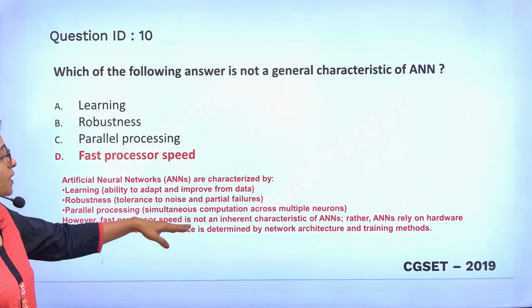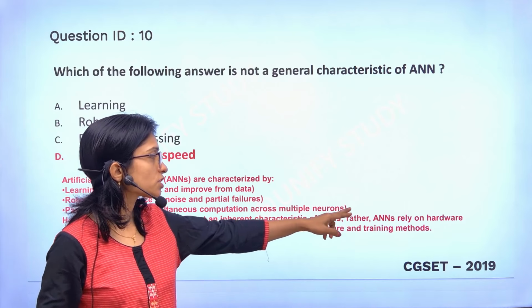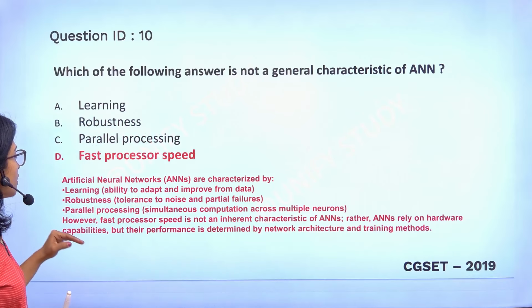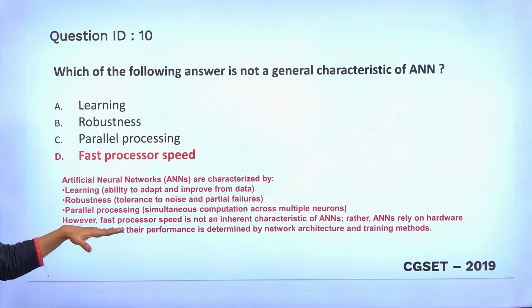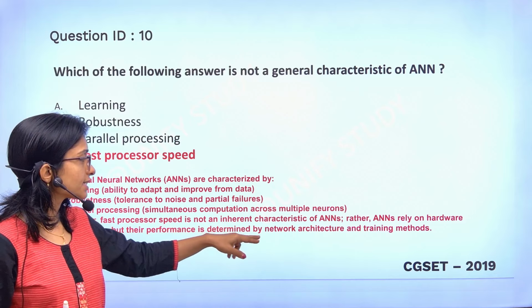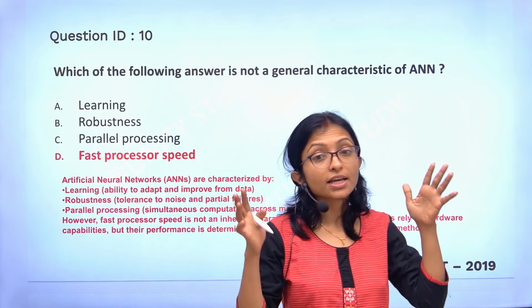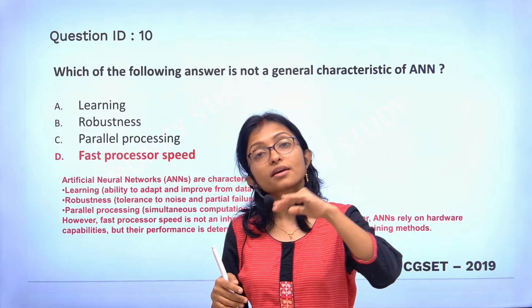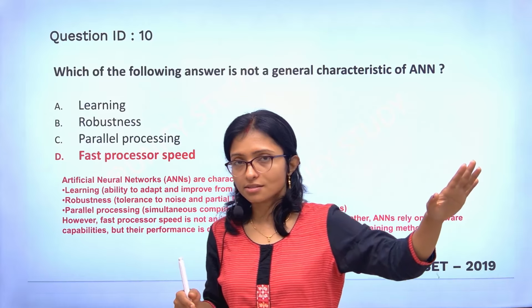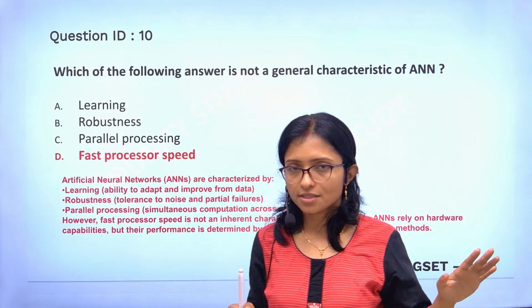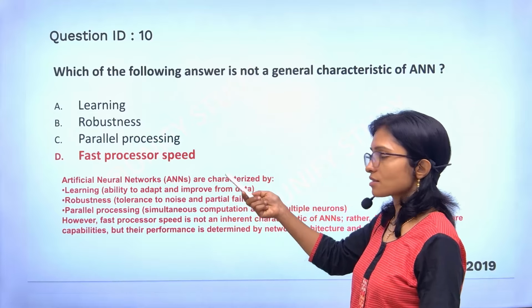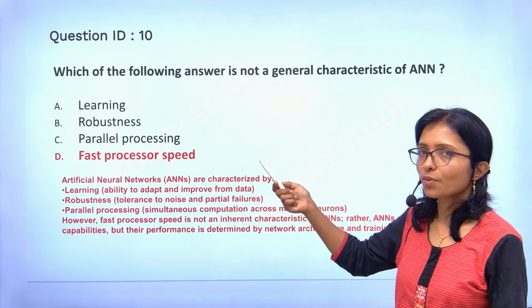Fast processor speed is not inherently correct, because ANNs rely on hardware capabilities, but performance is determined by the network architecture and training method. Training a neural network is a very time-taking task. It is not always fast. Fast processing is not always possible.